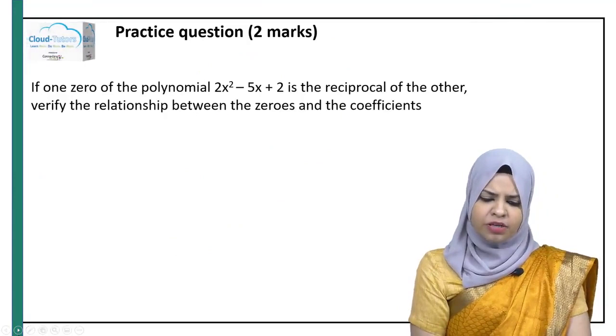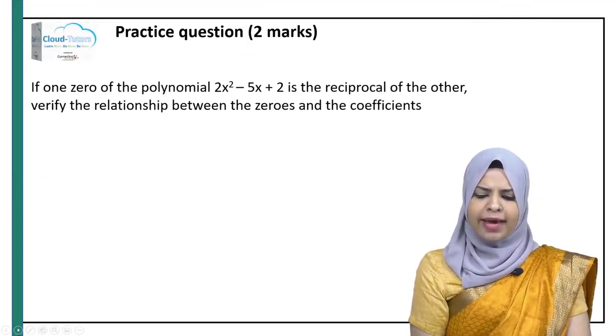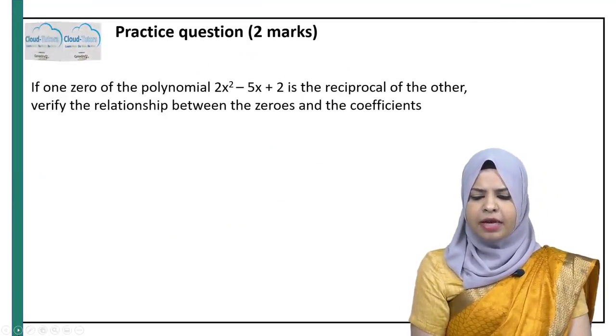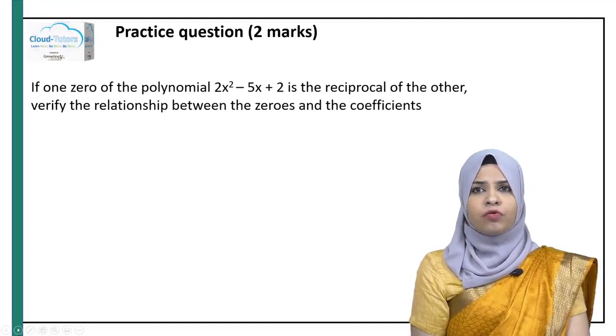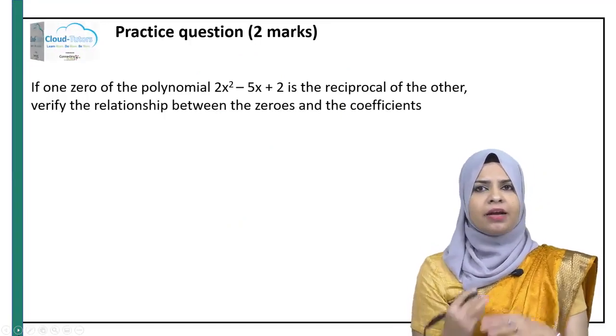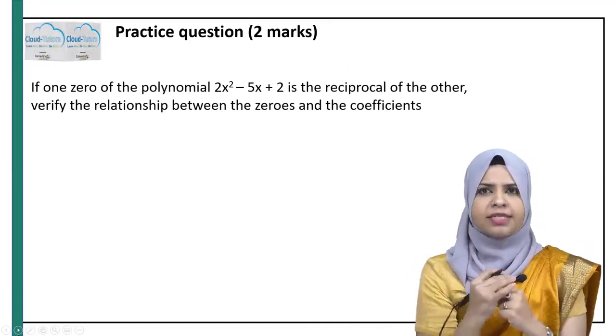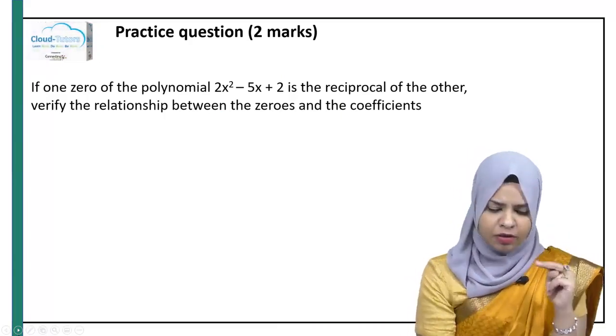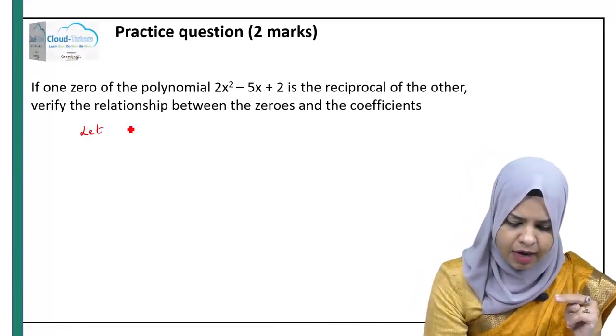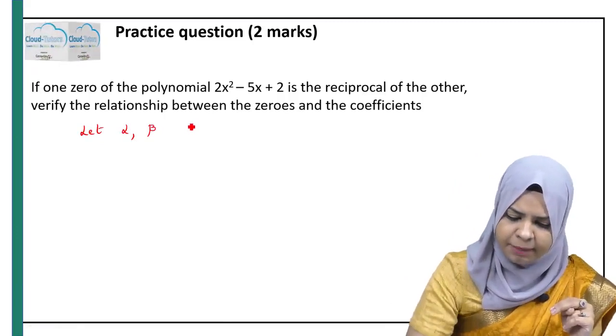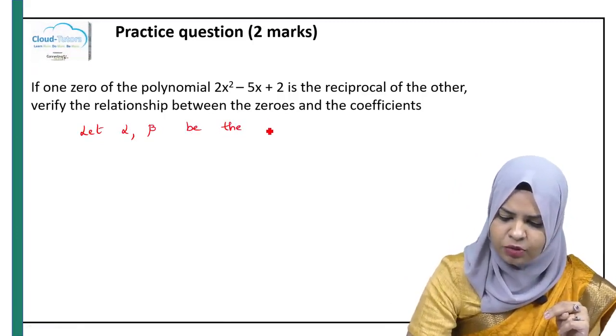If one of the zeros of a polynomial 2x square minus 5x plus 2 is the reciprocal of the other, what does that mean? Let alpha and beta be the zeros of the polynomial.